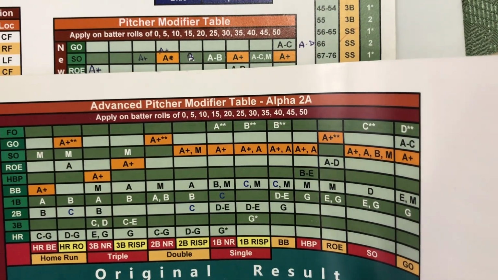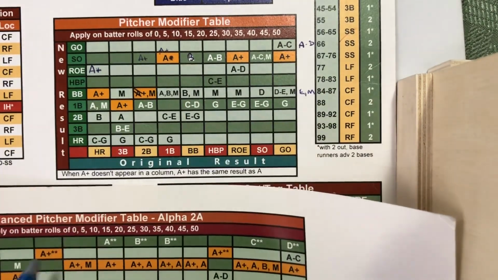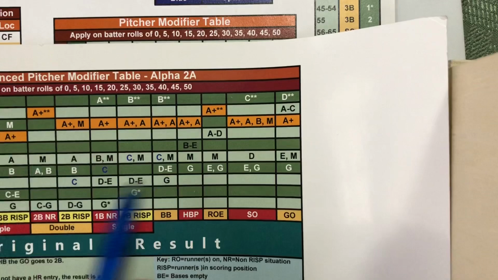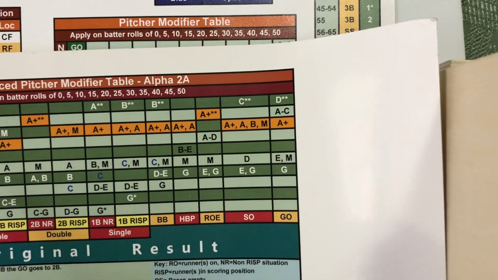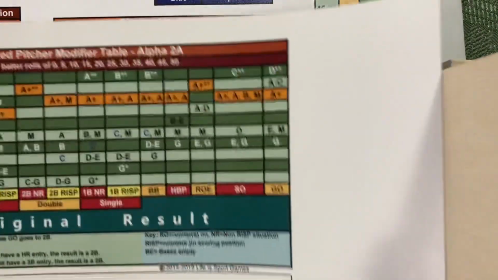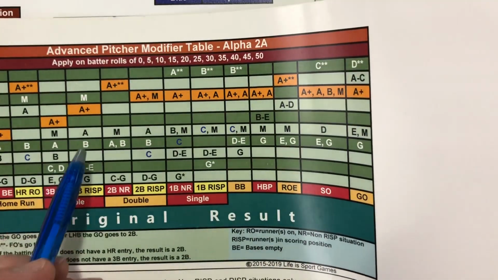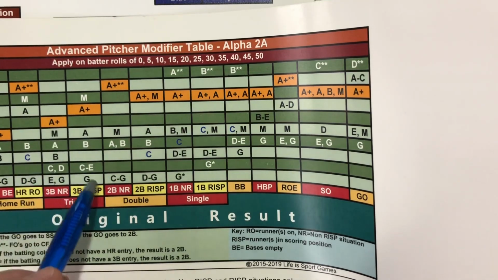Last thing that I'll say is that if you look at the two charts carefully, you'll see that the results are a little more spread out. They're not as clustered as they are here. And so what that does is it allows for a little less uniformity from pitcher to pitcher, from grade to grade.